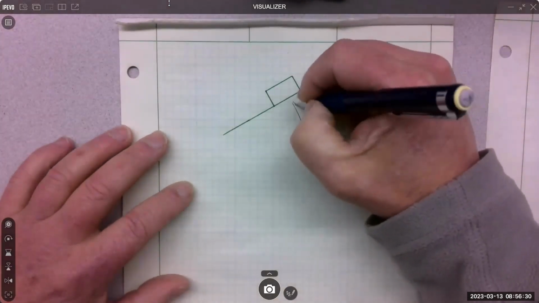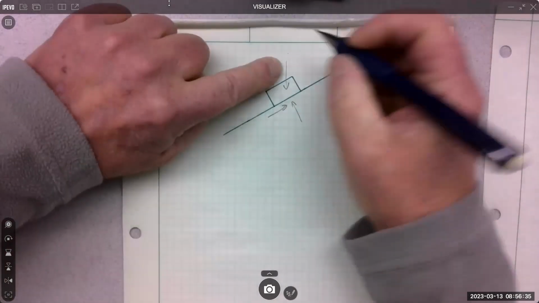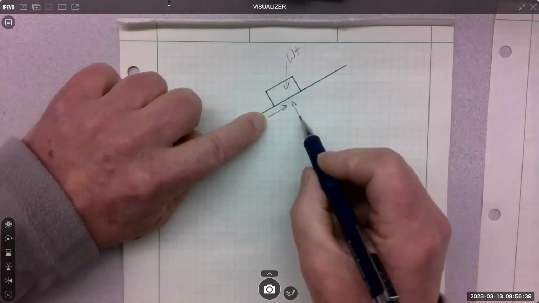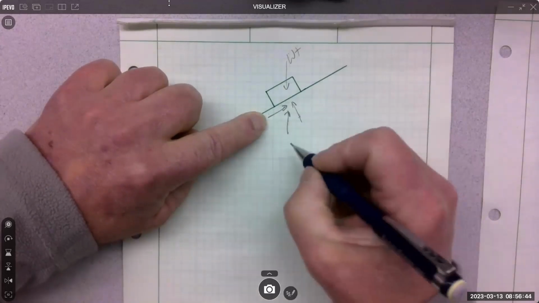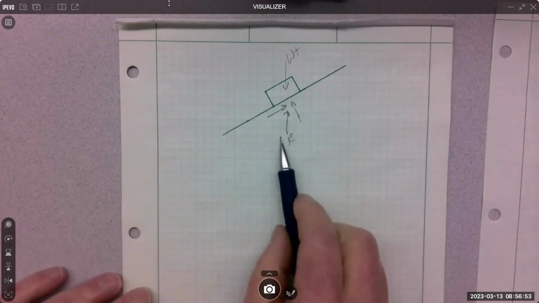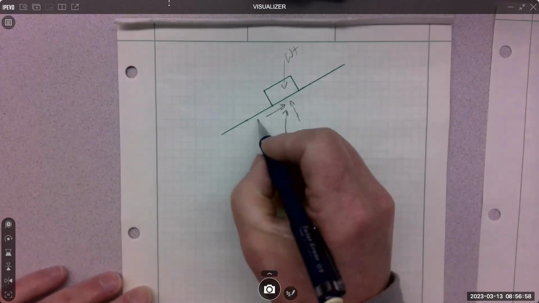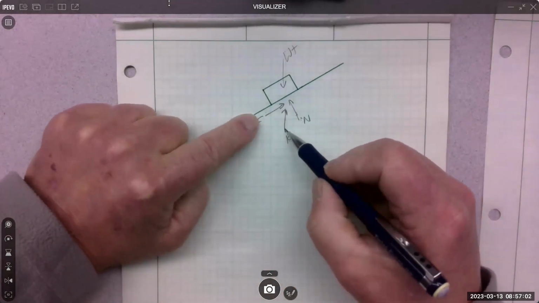When we hit this angle of repose, since the weight is always acting vertically downward, these two are components of a resultant, which is here. When it slides, that resultant is directly in line with the weight. This is called the resultant friction force. It's R. This is F. This is N. These are the components of R.